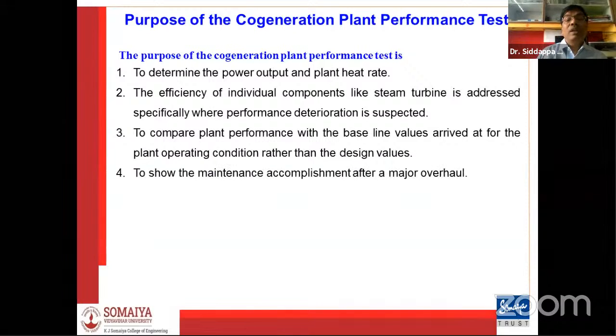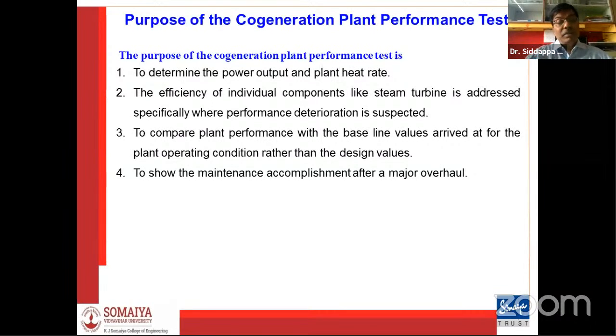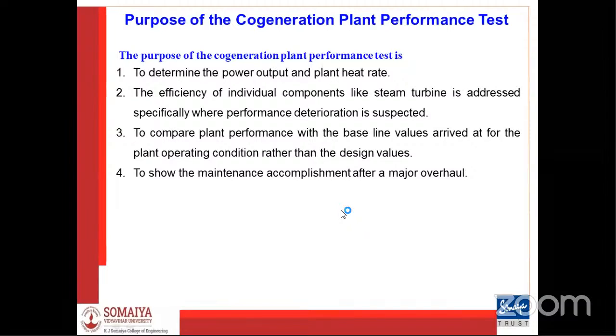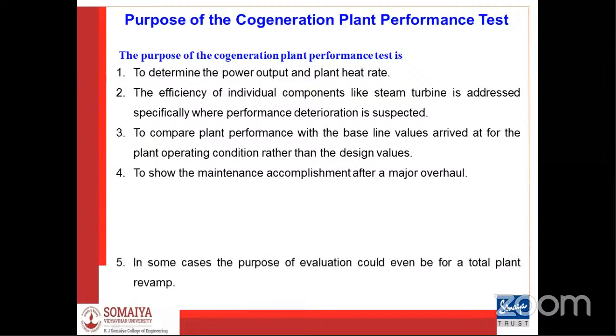And to show the maintenance accomplished after a measure overall, that means testing is required, because otherwise if you do not test the systems, you will not know when maintenance is required, what the problem is, and what type of maintenance we are going to carry out for improving the efficiency or the performance of the system. Because of this, there is a need to go for performance testing of the systems.